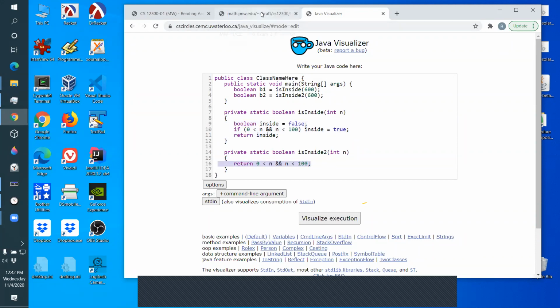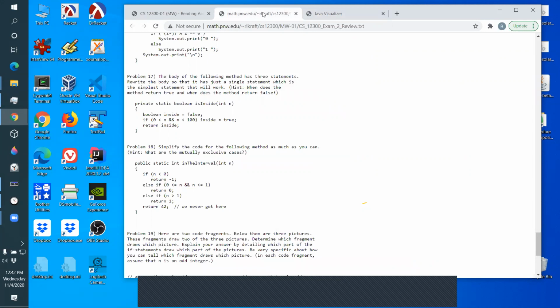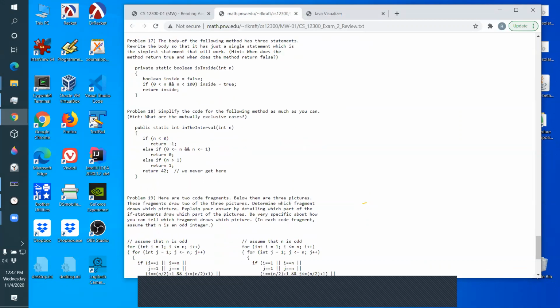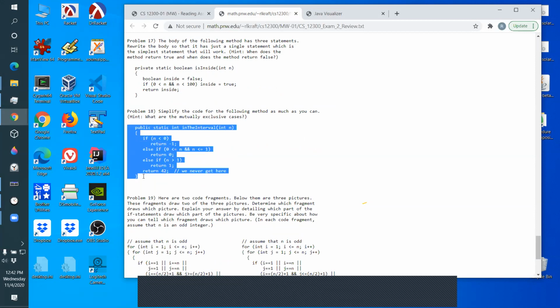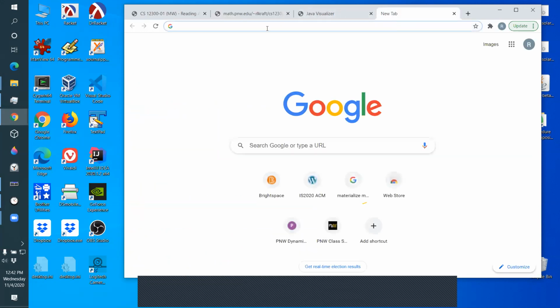Okay. Now, what about other problems from other questions? Could you look at number 18, please? Okay. Well, it's another one of simplify. So these were 2 in a row of simplify. So let me copy this one over to the visualizer also.